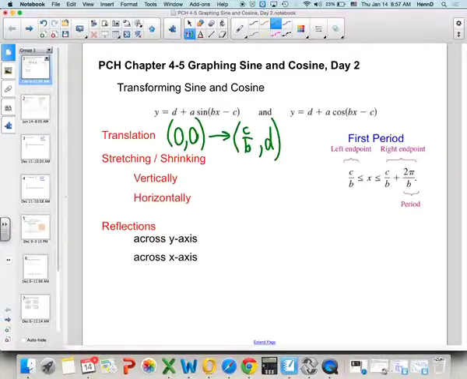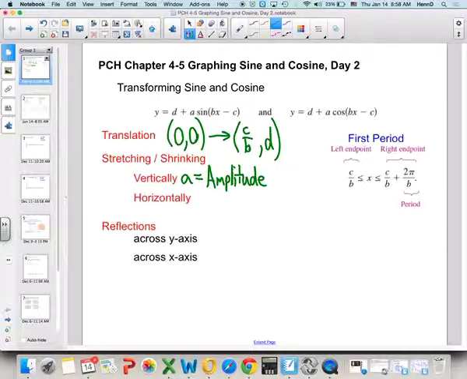Stretching vertically, that was a, okay? Your amplitude for sine and cosine is going to be a. Okay? So there's our amplitude, a.